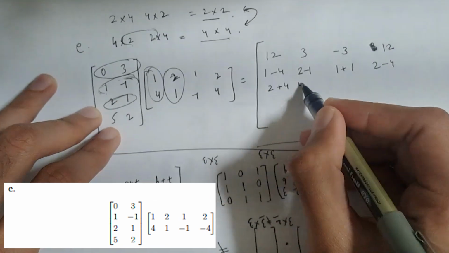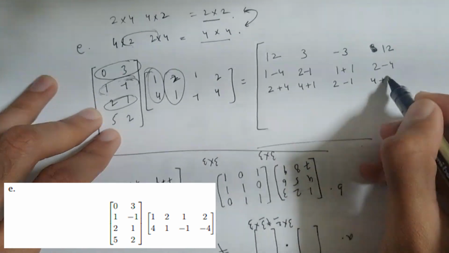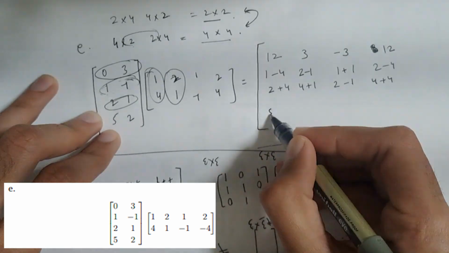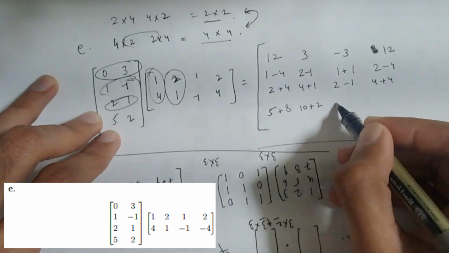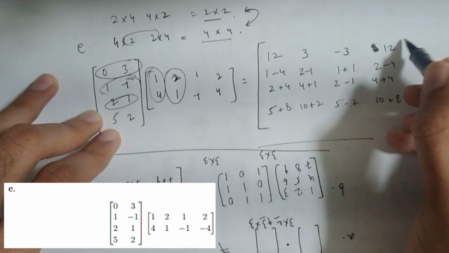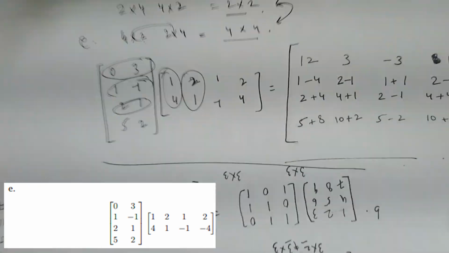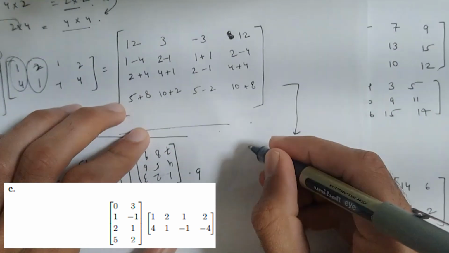2 plus 4, 4 plus 1, 2 minus 1, 4 plus 4, 5 plus 8, 10 plus 2, 5 minus 2, 10 plus 8. Righto. Let me write the answer for that here.